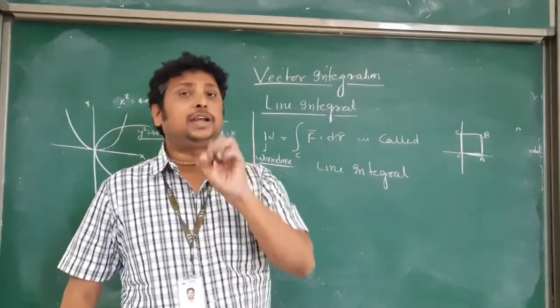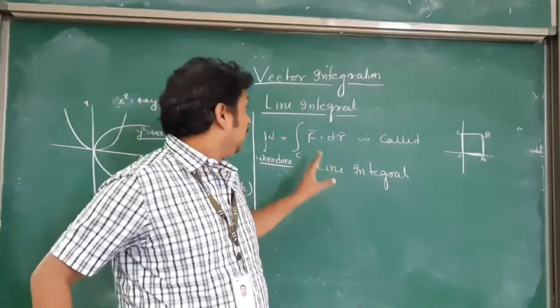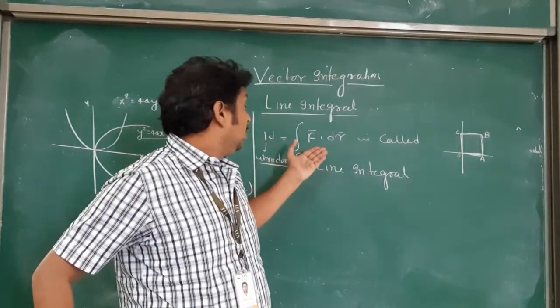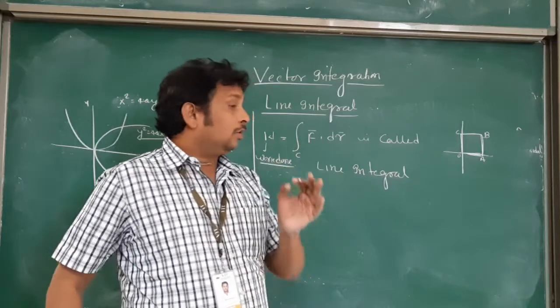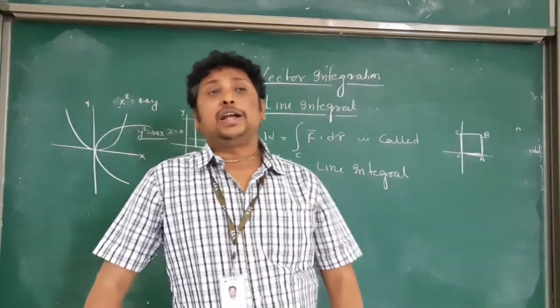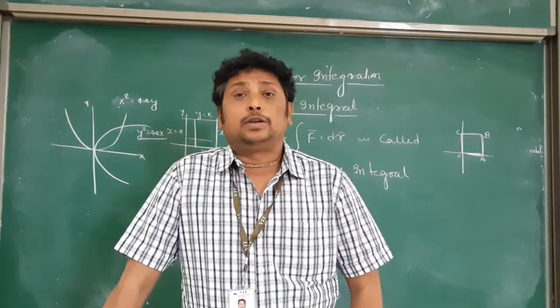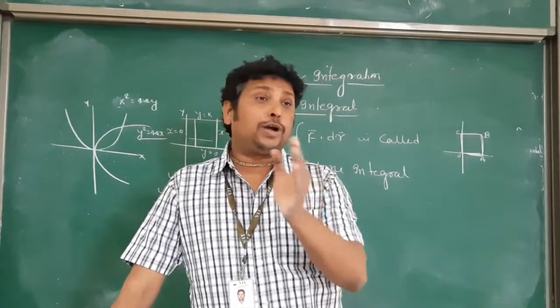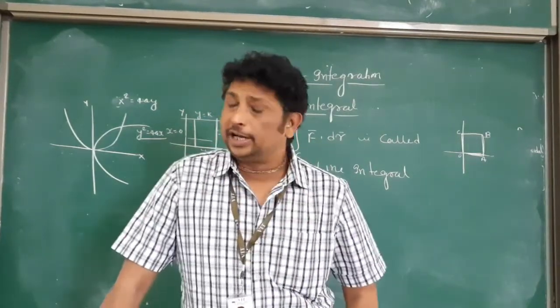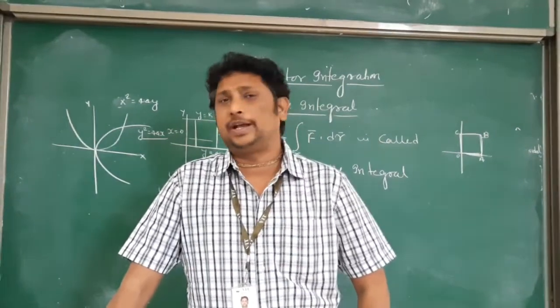So if they ask to find the work done for moving a particle from one point to another point along this curve, it means you have to calculate the line integral.